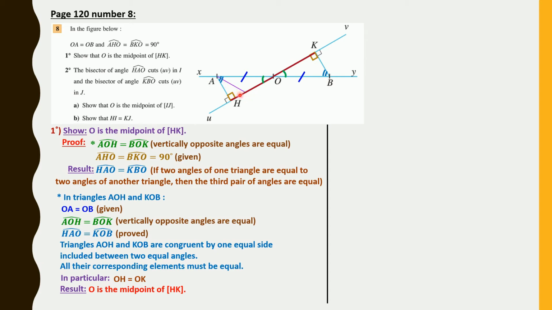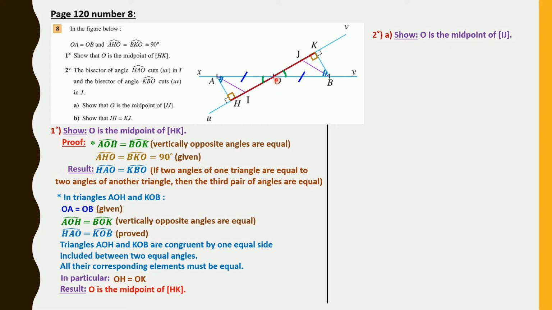After drawing the bisector, it will cut UV at point I, and the bisector of angle KBO cuts UV at point J. Question A, show that O is the midpoint of segment IJ.